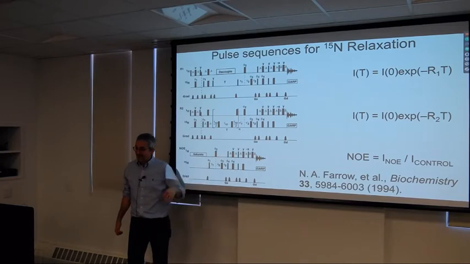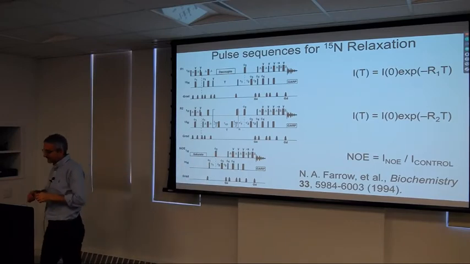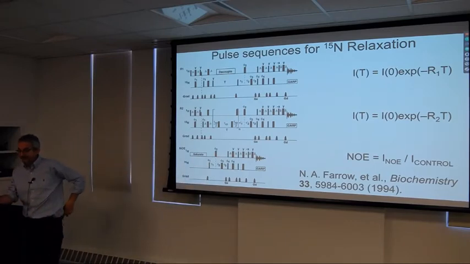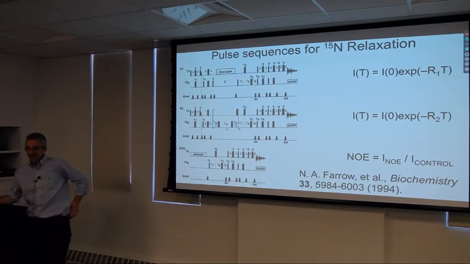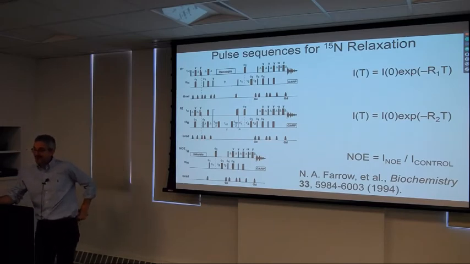So the amide nitrogen recovery is perturbed by the spin state of the attached hydrogen, because if that hydrogen is saturated, you don't come back to Boltzmann equilibrium, you come back to the steady state NOE. And the hydrogens can look saturated because they're exchanging with the solvent, which is saturated. And so then you need the water to be at equilibrium.